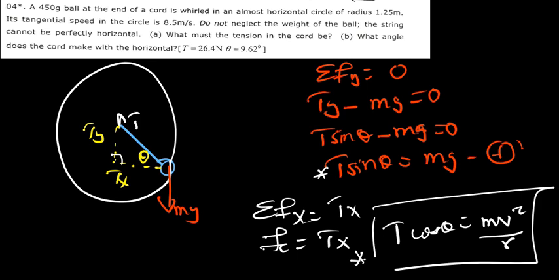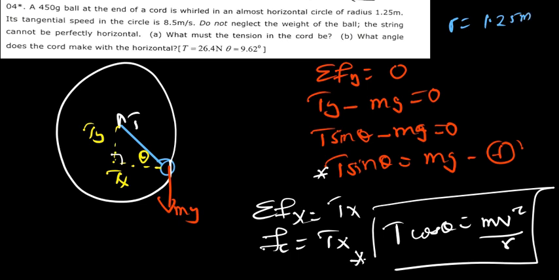So what we have now, we have two things. I want us to come up with a formula which is going to help us to find the tension force and also the angle theta. Okay? So, if this is my radius, we have been given the radius. The radius is 1.25 meters.